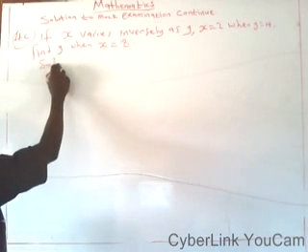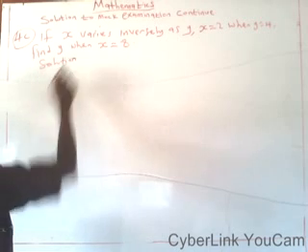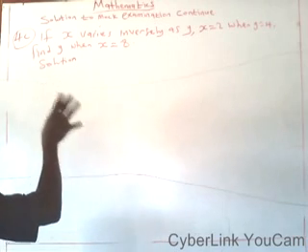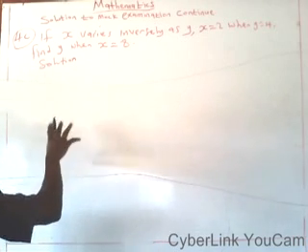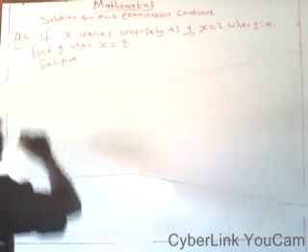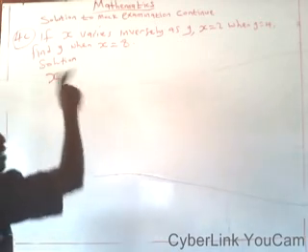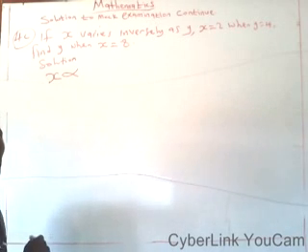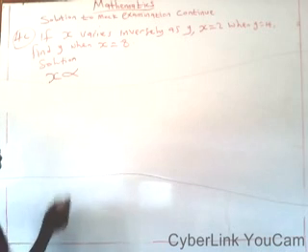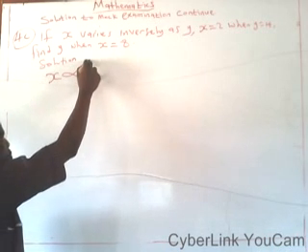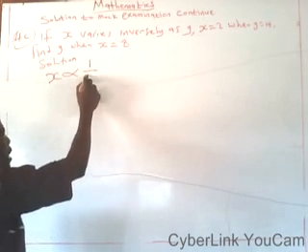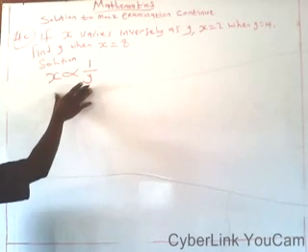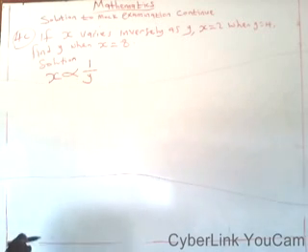Now, let us first interpret the question. The question is in written form, and we want to interpret it into a mathematical expression. x varies inversely as y. This is the proportionality sign. Inverse means 1 all over y. This is not the final mathematical expression.